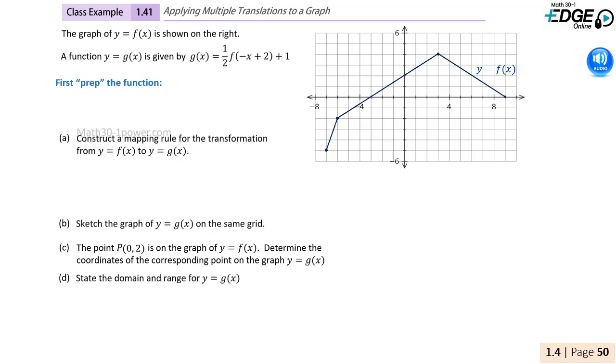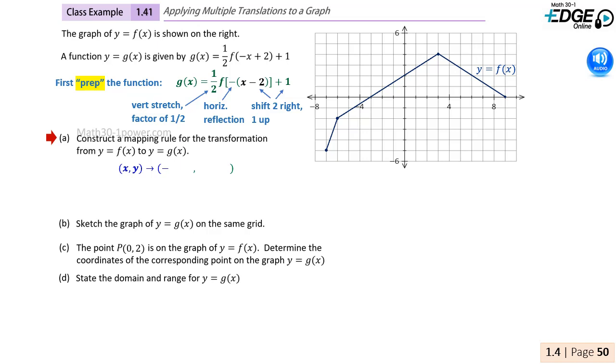First, we want to prep our function by factoring out that b value. Because we had a negative in front of the x, we'll take out negative 1 from the bracket, which will change it to negative times x minus 2. This means we have a vertical stretch by 1/2, a reflection in the y-axis, a shift of 2 to the right, and 1 up.